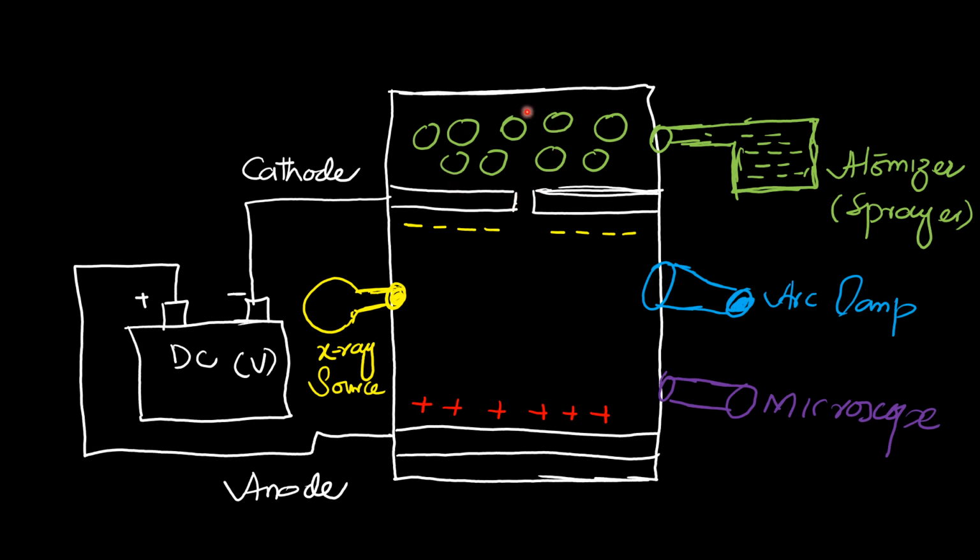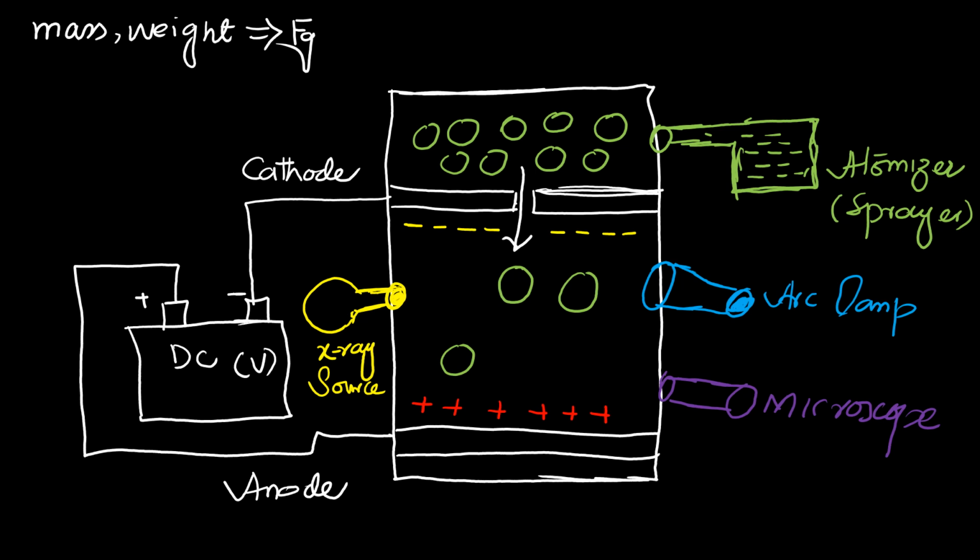Since you know that these oil molecules have mass and weight, this means that they experience a gravitational force, F_g. The gravitational force will cause the oil molecules to move in a downward direction, pass through the hole, and arrive inside the reactor, between the electrodes of the chamber.